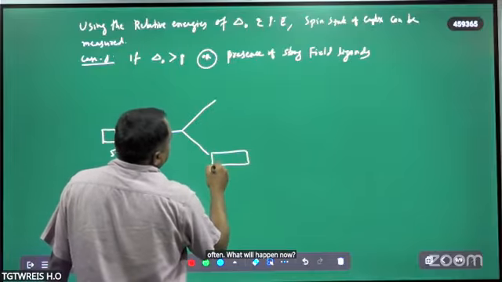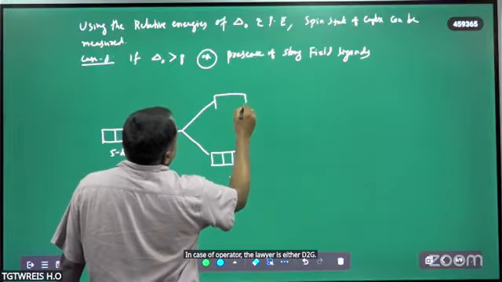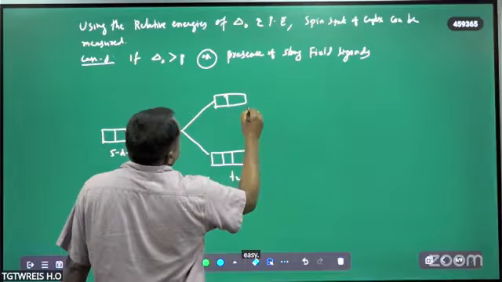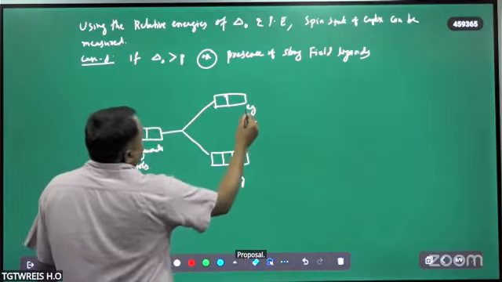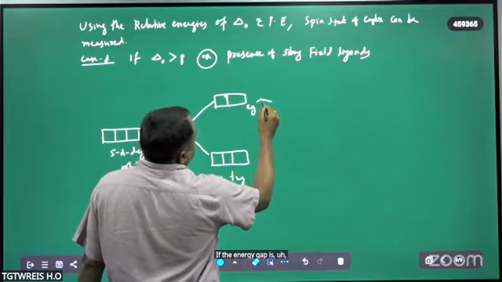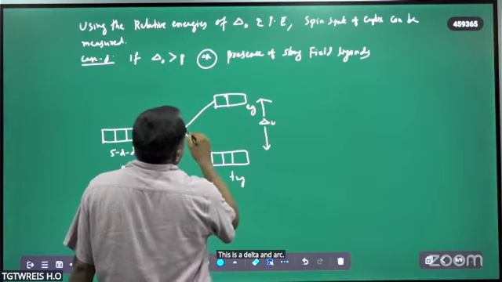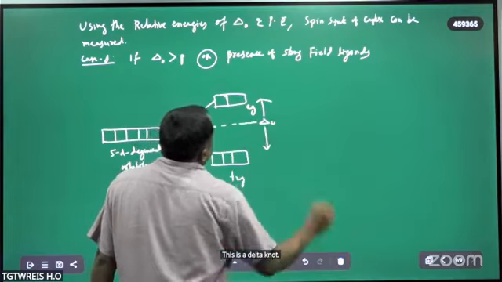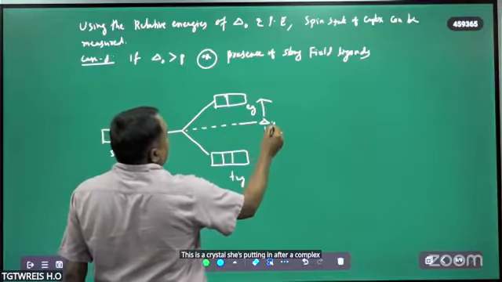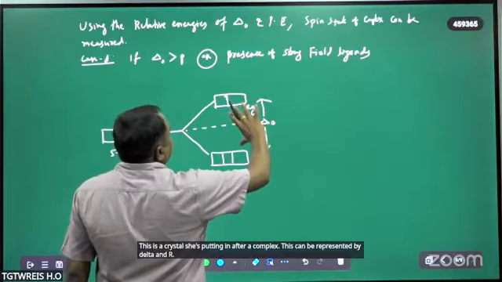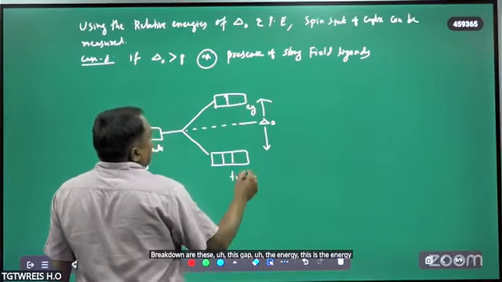In the case of octahedral, the lower energy is the t2g and the higher energy is the eg set. This is the crystal field splitting in an octahedral complex, represented by delta naught. This gap is delta naught: this is the higher energy, this is the lower energy.